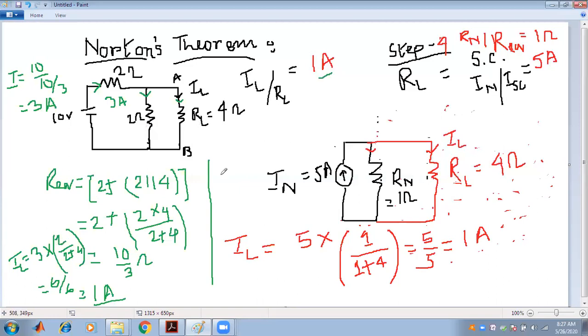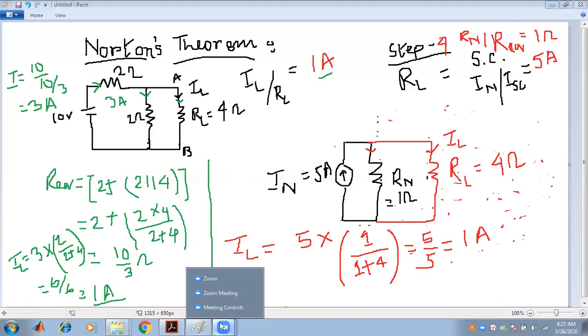So by cross checking, we are saying that the answer obtained both by simplification of the circuit and by Norton's theorem is the same, that is 1 ampere. So today we learned about Norton's theorem and how we can approach a particular circuit with the help of Norton's theorem.